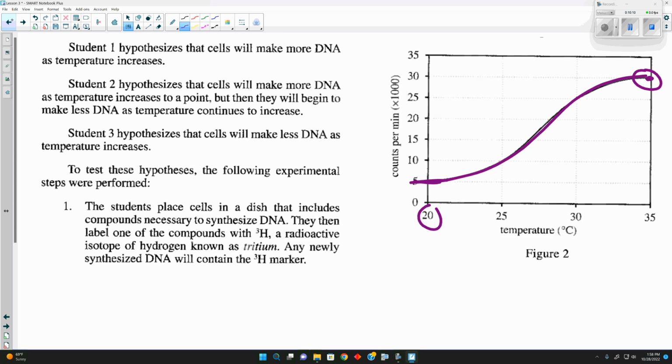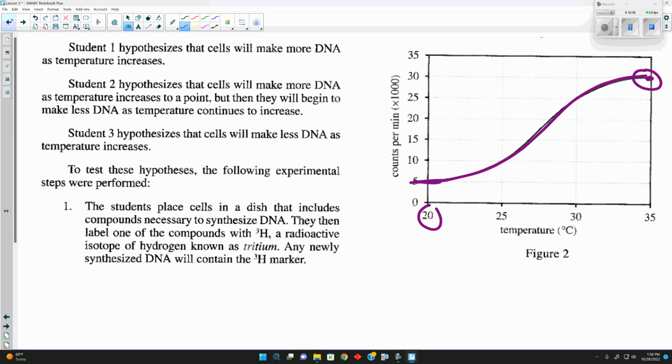Is there any of those three that we know for sure is not right? Three, that the cells will make less DNA as temperature increases. So does it decrease at all across the whole thing as temperature increases? Right.